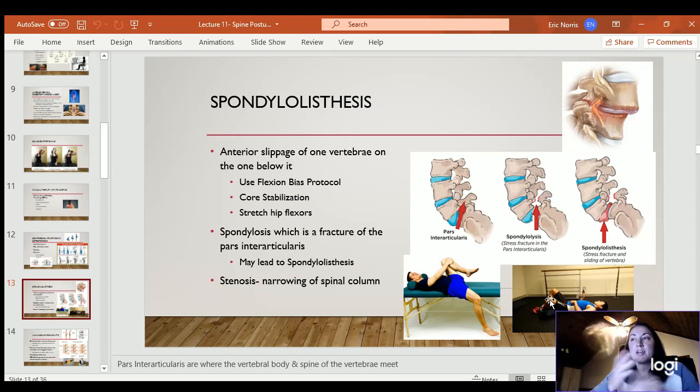And you can do it on each side. Stretching of the hip flexors and the psoas again, and even the quadratus lumborum, to keep pressure off those areas.